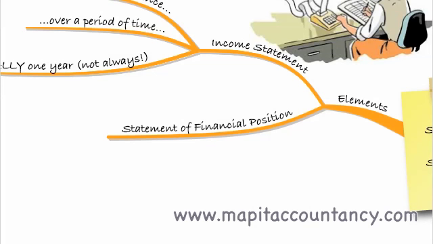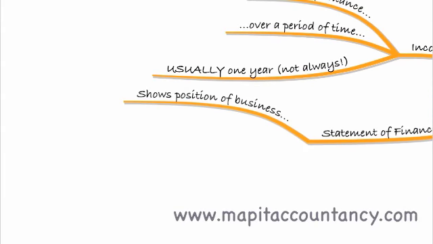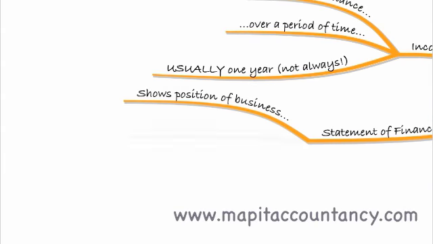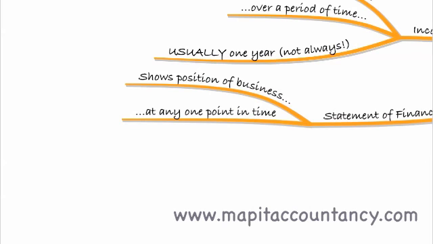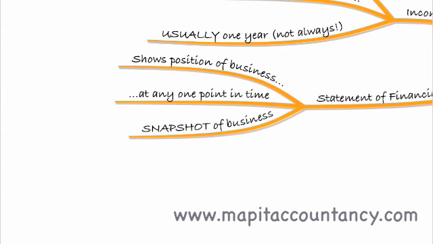Now, the statement of financial position simply shows us the position of the business at any point in time. Think of this as a snapshot of the business, particularly the assets and liabilities owned by the business. So it's not an assessment of performance over a period of time. The statement of financial position is a snapshot of where the business is at that period of time.